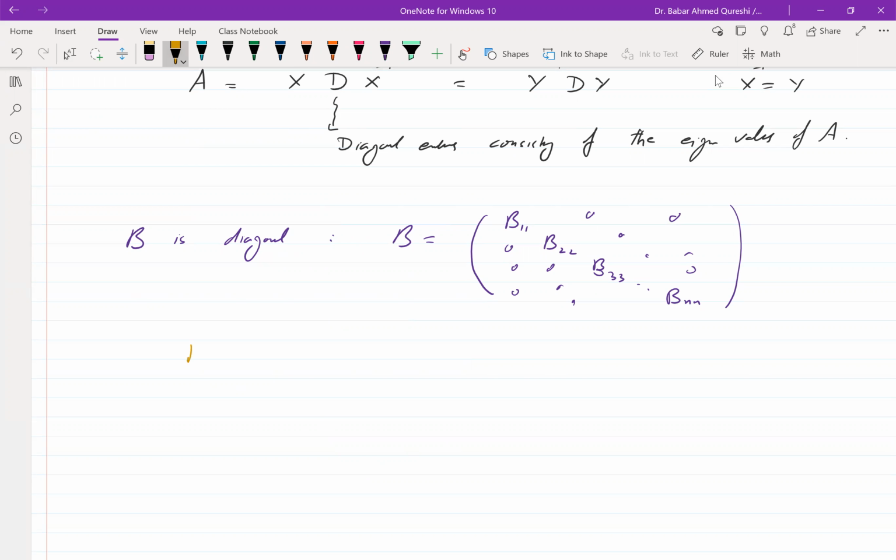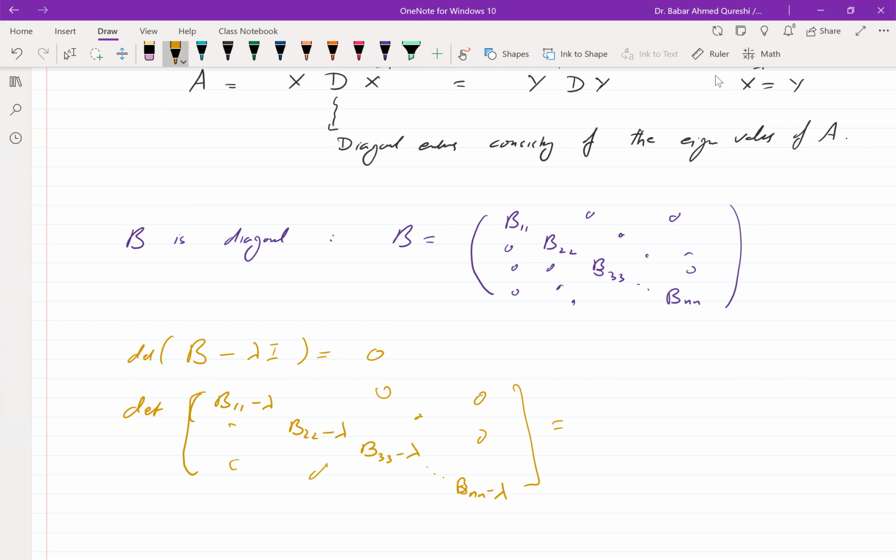I have to do this. Determinant of B minus lambda I equal to 0. But B minus lambda I, this matrix will look like B11 minus lambda on the diagonal, and everything else is a 0.